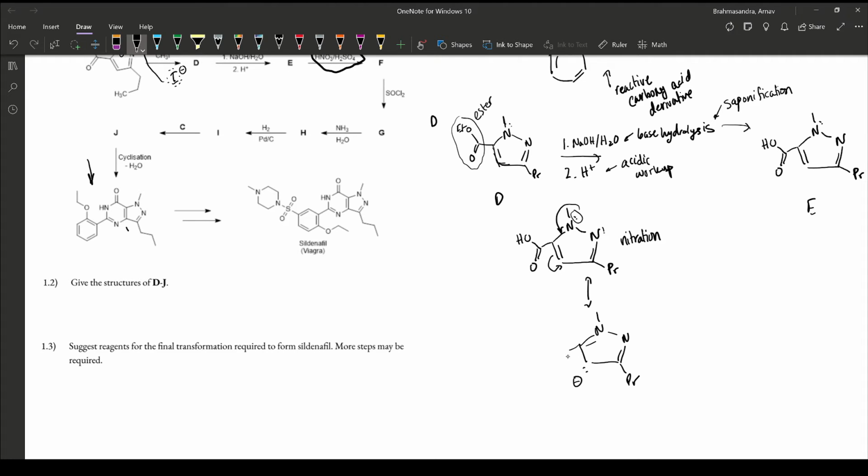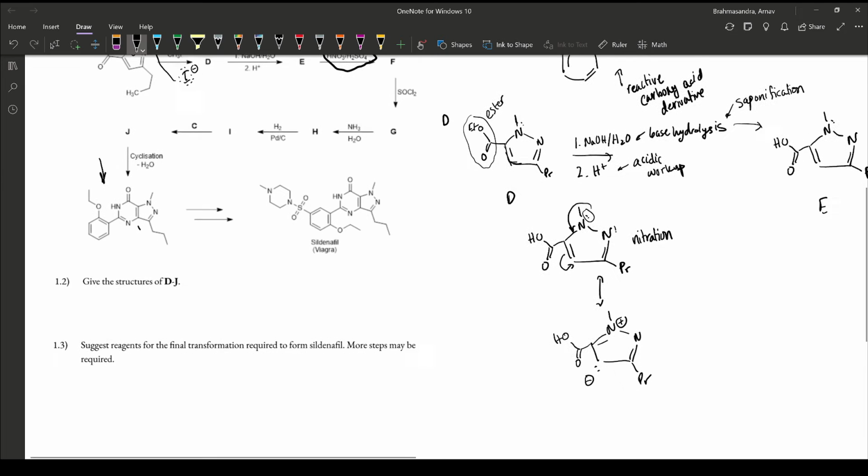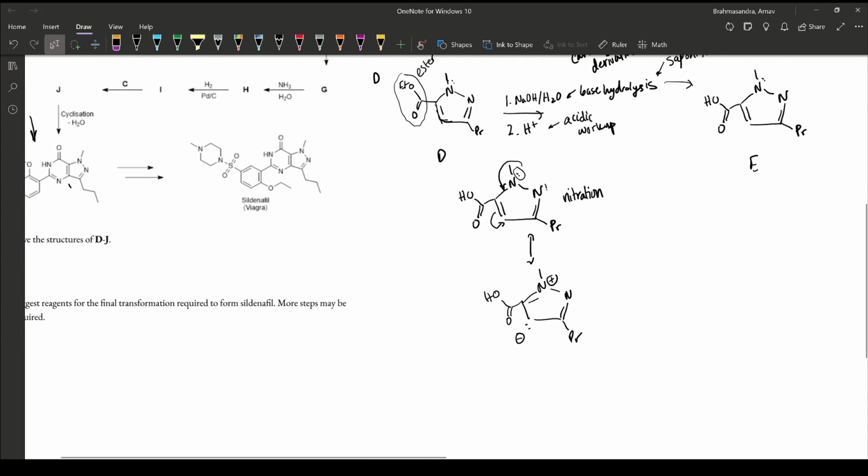So if we draw this out properly, there's a resonance structure where we have a negative charge on that bottom left carbon. So this bottom left carbon is nucleophilic, and because of that, we can nitrate it. We can nitrate this because this is a nucleophile.